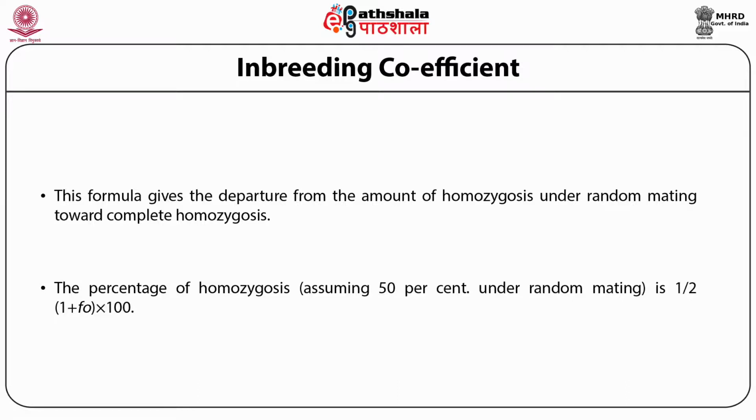The inbreeding coefficient is 0 if the parents do not share a common ancestor, and if the inbreeding coefficient is 1, then the offspring has 100% chance of receiving 2 copies of the ancestral gene. However, the maximum inbreeding coefficient of 1 cannot be achieved in human populations.